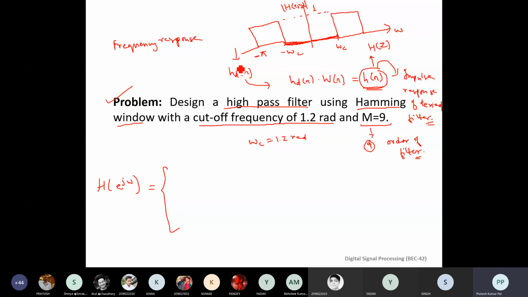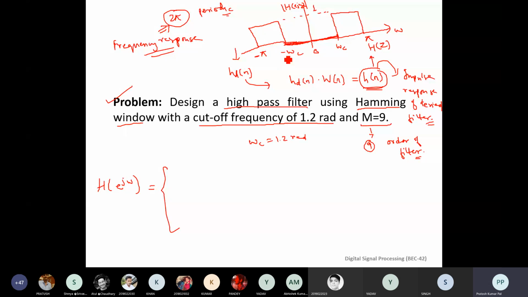The frequency response is periodic in nature: a range of 0 to pi in the positive direction and 0 to minus pi in the negative direction. Overall it has a period of 2 pi. So this is the basic high pass filter magnitude response.